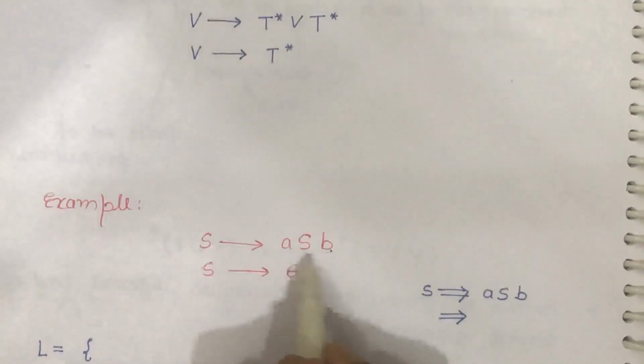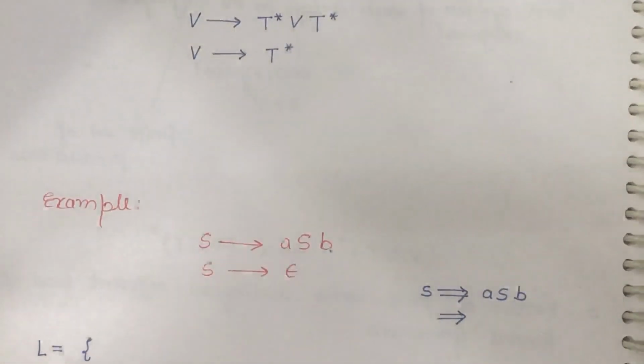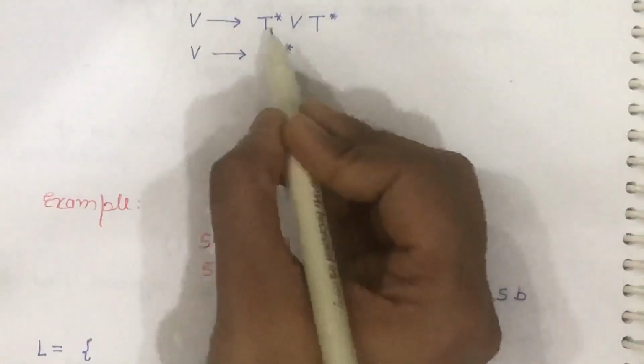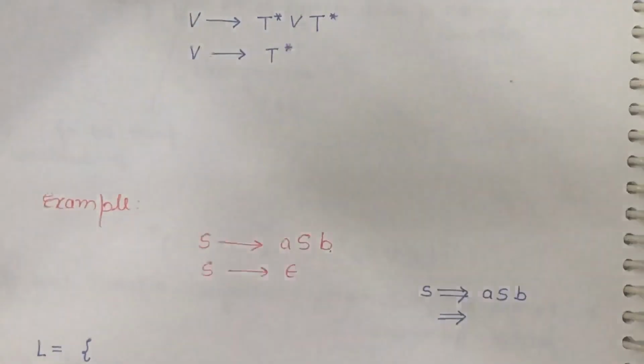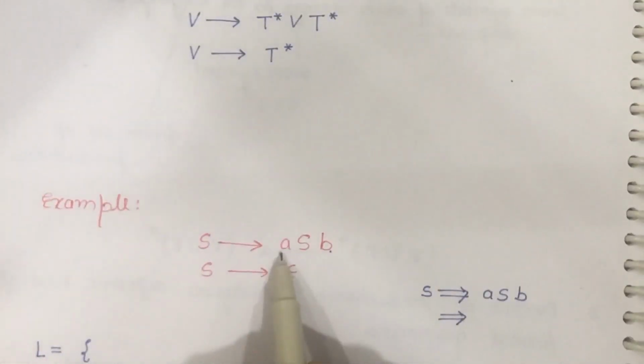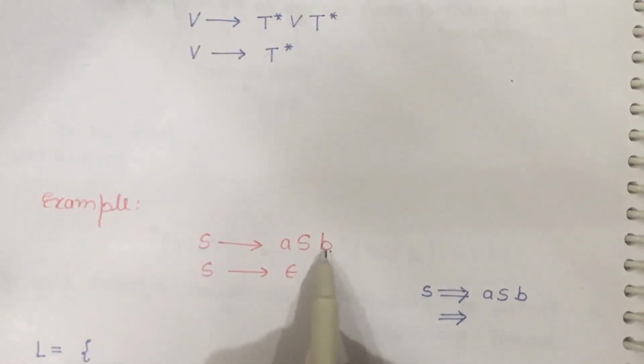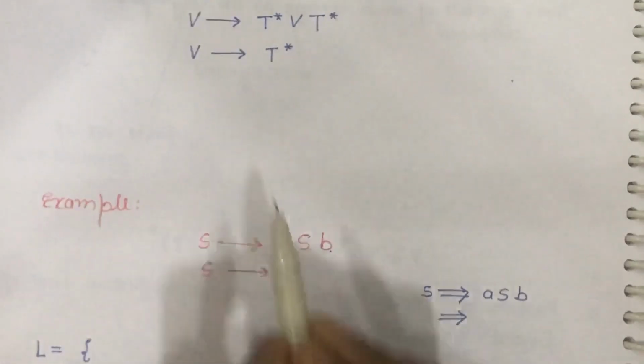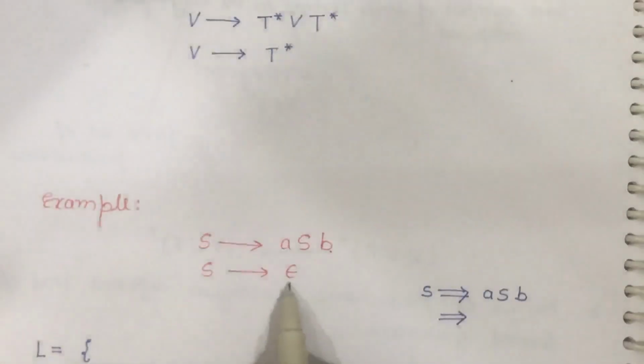So this is as per the rule of linear grammar, where on the left hand side there should be only one non-terminal and on the right hand side at most one non-terminal. Before this non-terminal, zero or more terminals may appear, and after it zero or more terminals may appear, and in the next alternate T star means zero or more terminals may appear on the right hand side.